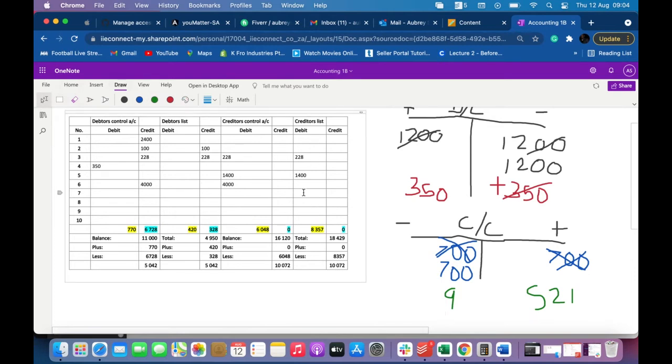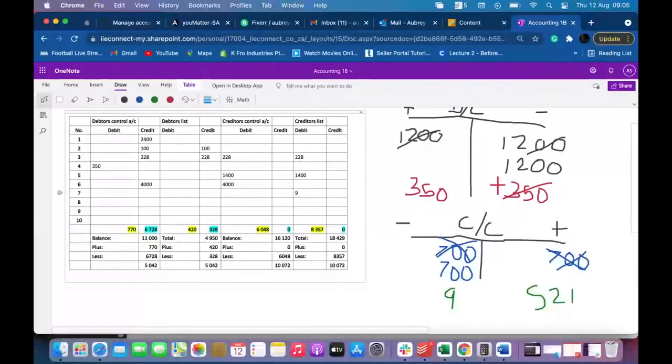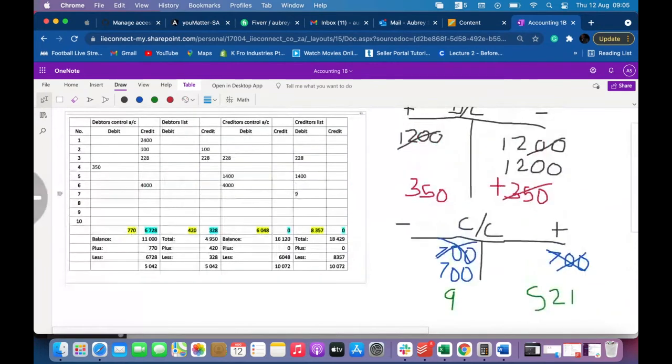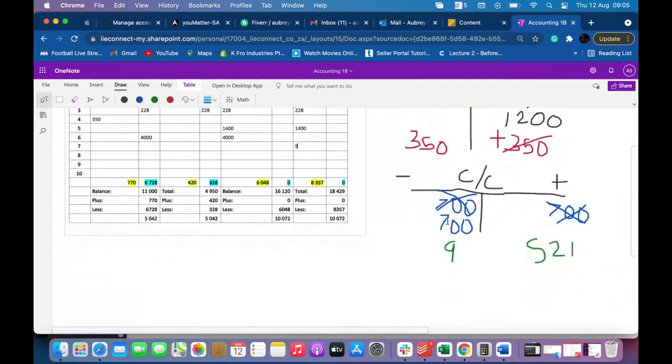So we come here, number 7, and we just put: only standard rated goods were sold, but it was erroneously entered into the creditor's journal instead of the debtor's journal and posted as such. It was treated as an original invoice. That means we were the ones buying. So what are they telling us?